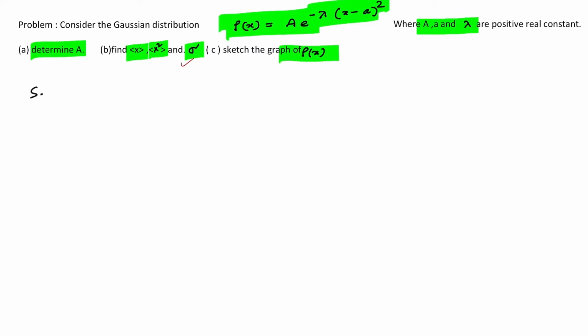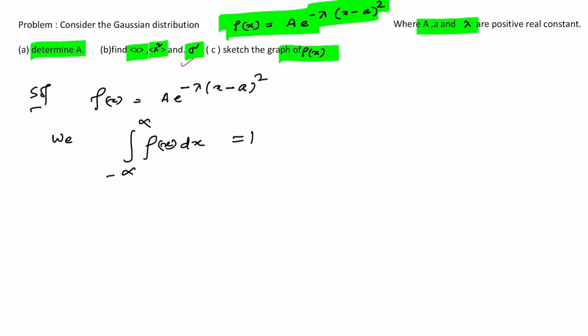So first of all, here rho of x is given, that is A e to the power minus lambda times x minus a whole squared. We know that the integration from minus infinity to plus infinity of rho of x dx is 1. Okay, we have already discussed this.